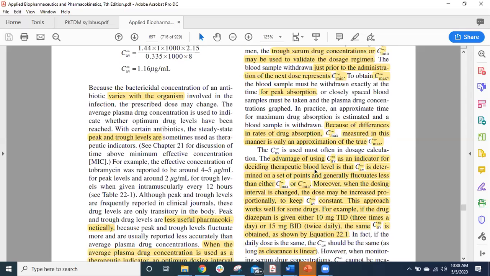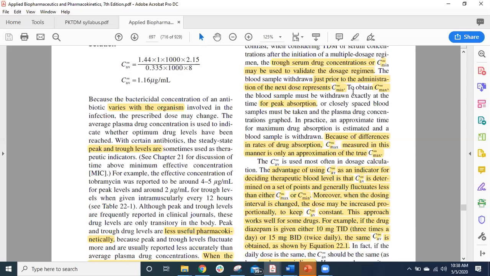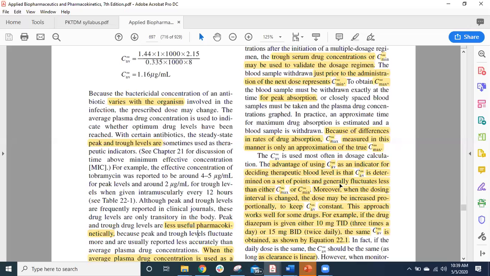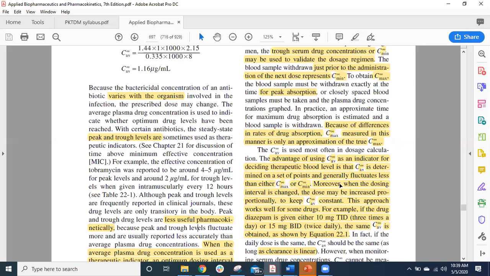but it is an approximation of the Cmax. Okay, and so I told you now the problem with the Cmax and the problem with the C minimum, but C average. If you see C average, I think now you can appreciate that C average is the ideal parameter compared to the Cmax and C minimum to adjust the dose, to calculate the dose. Okay, if you use the C average, then you don't have to worry about the fluctuation that happens with the Cmax and C minimum.